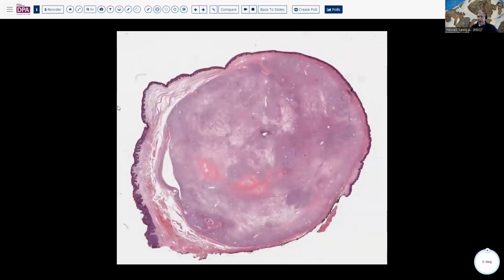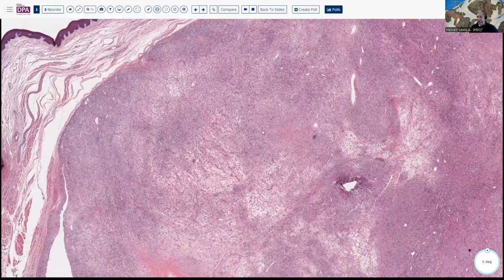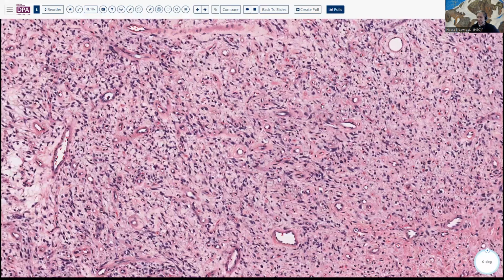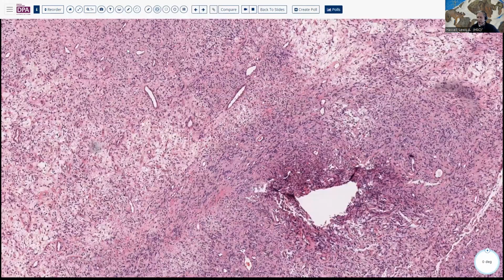So here we go. In the subcutis, here's a lesion. It has some sort of less cellular, more cellular areas. You see this sort of spindly appearance. Some small vessels, some slightly dilated vessels, some of which are more angiectatic or otherwise.